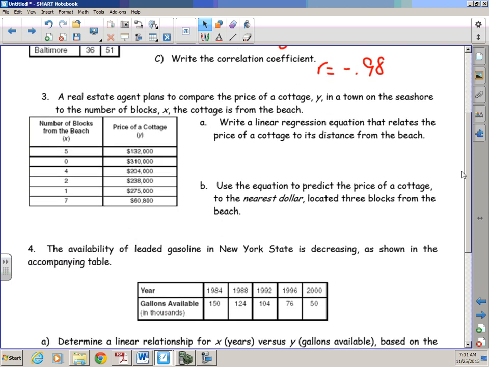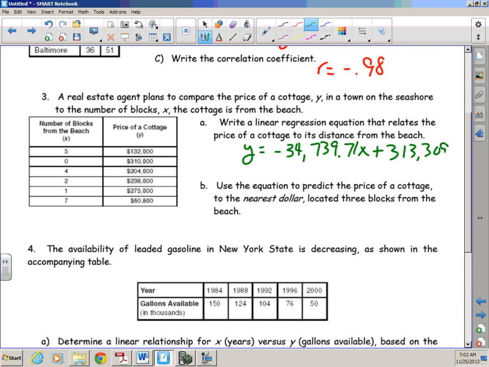Okay? Now I want to do a linear regression for the value of cottages, a certain number of blocks from the beach. Your equation there is y equals -34,739.71x plus 313,309. Now, if you're located 3 blocks from the beach, the blocks from the beach is x.